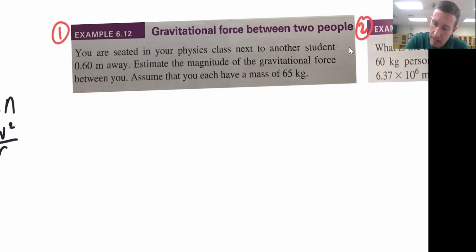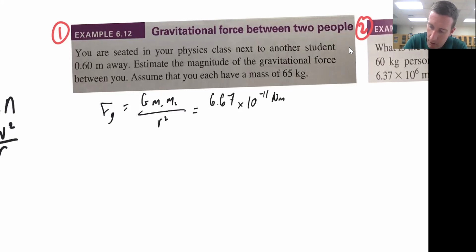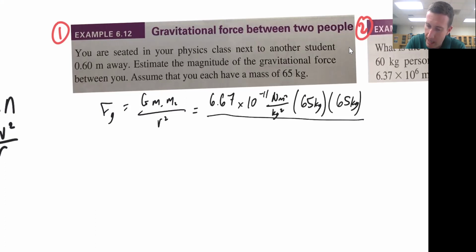So I know that the force of gravity is equal to big G m1 m2 over r squared, which is equal to 6.67 times 10 to the negative 11th newtons meters squared over kilograms squared times each mass, 65 kilograms times 65 kilograms, all of it over r squared, the distance of 0.6 meters squared.